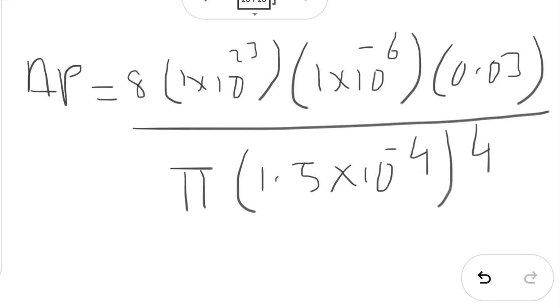Once we substitute these figures, it is just a matter of computing using a calculator, so I'm going to leave this part out for you. You should be able to get the pressure difference between the inlet and the output of this needle.